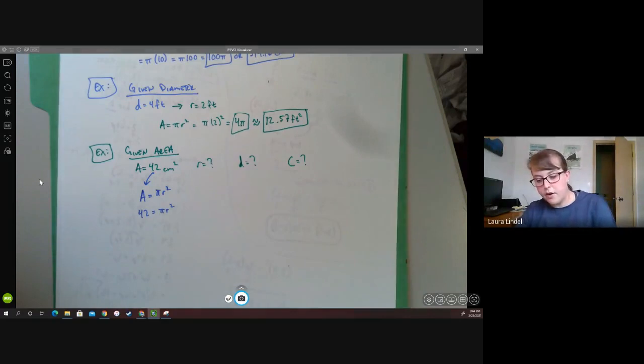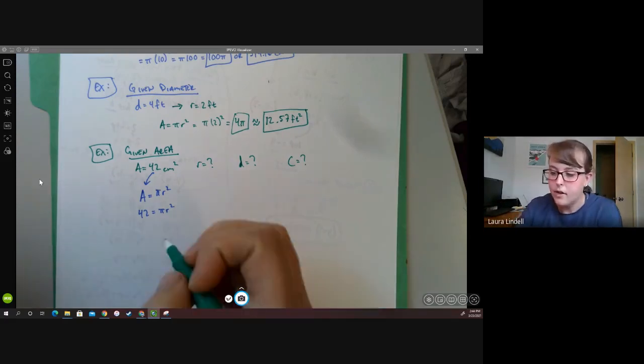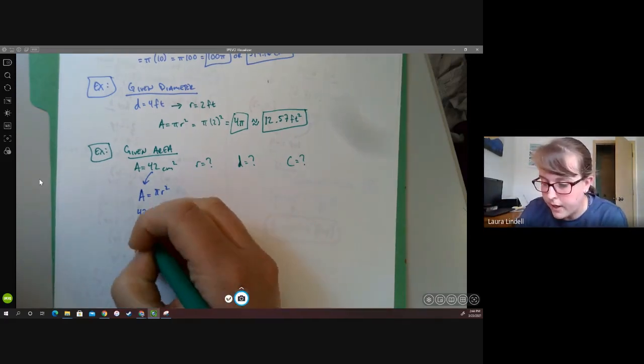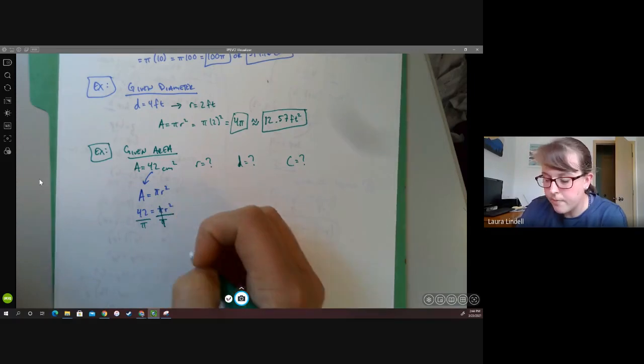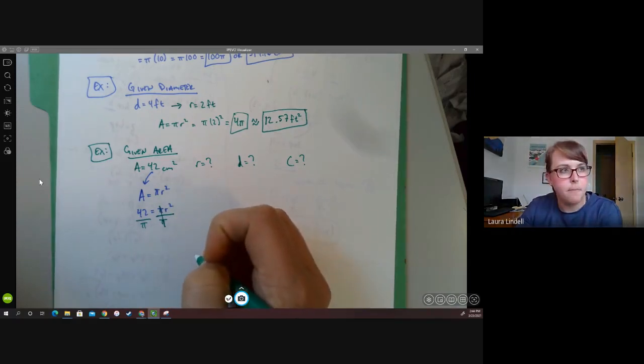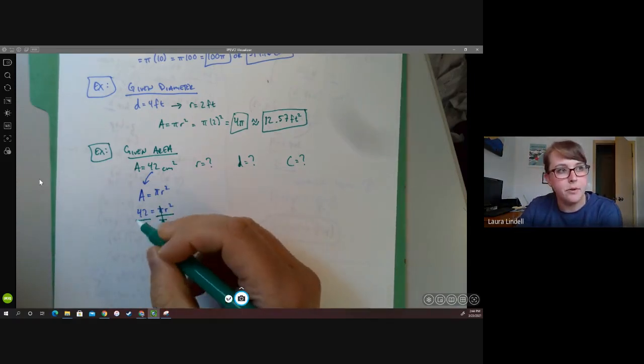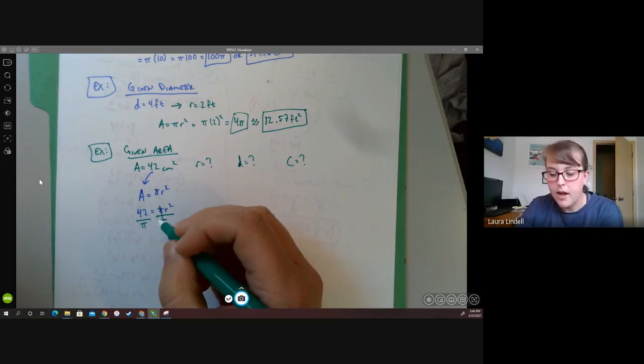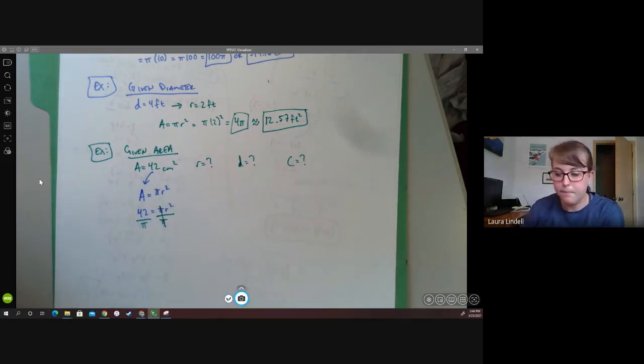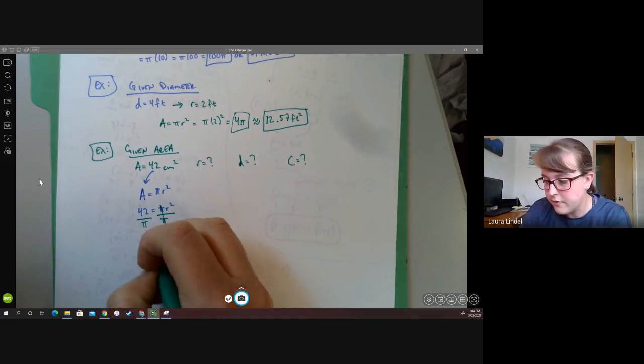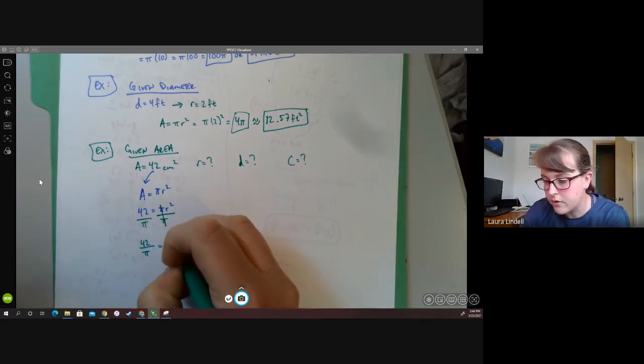And this one's going to start off just like when we were given circumference and asked to find the radius or the diameter. We start off by dividing by pi on both sides. But before I actually do this division in the calculator, I'm going to go one more step. So we have 42 divided by pi is equal to r squared.